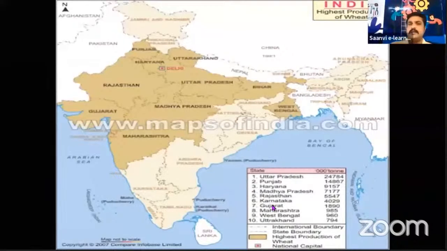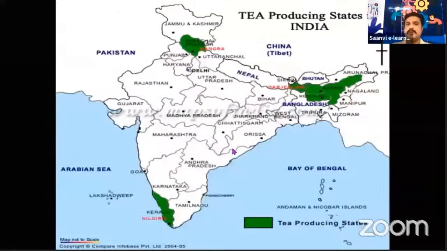So this particular region, they produce more wheat. How much their production is, for Uttar Pradesh and Punjab, is also given in the index box. Please go through that, children.